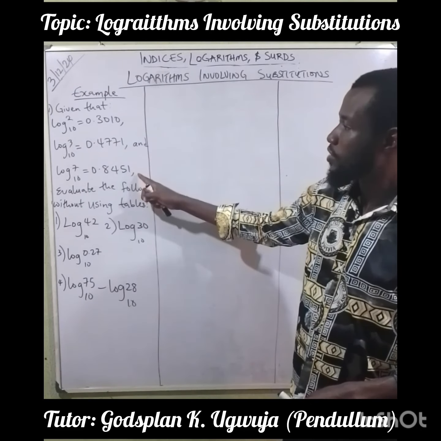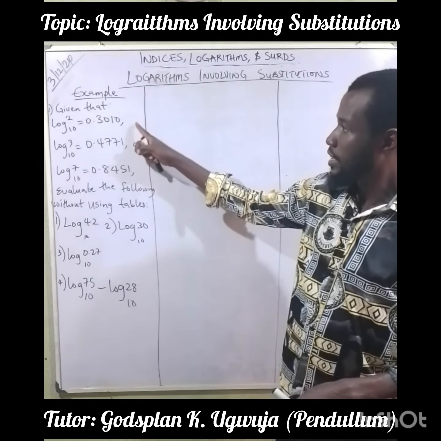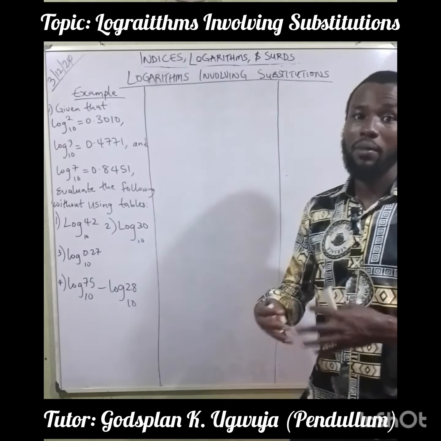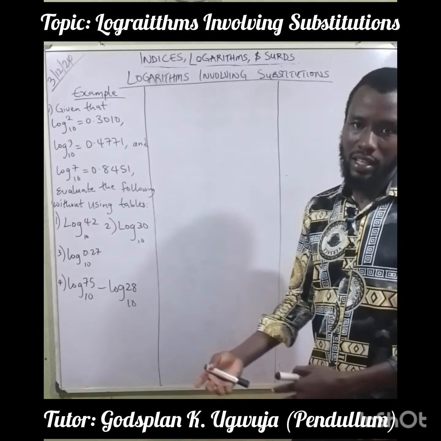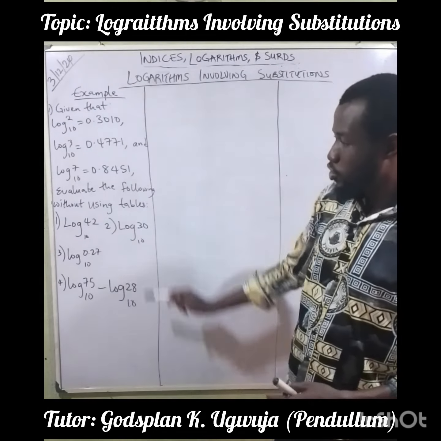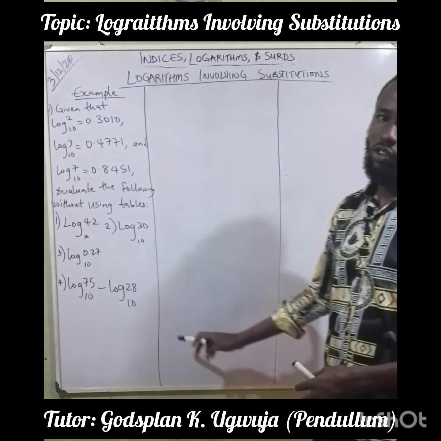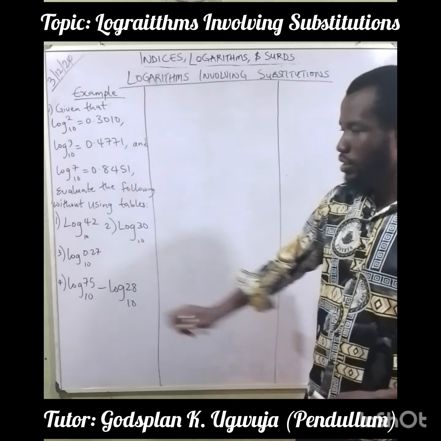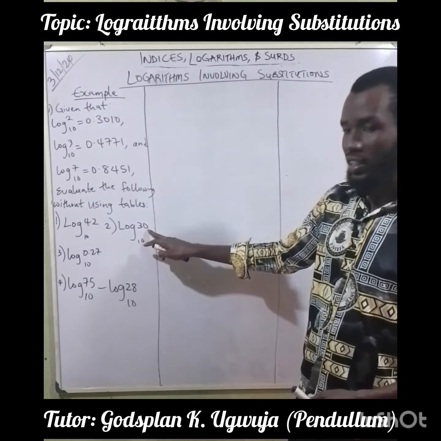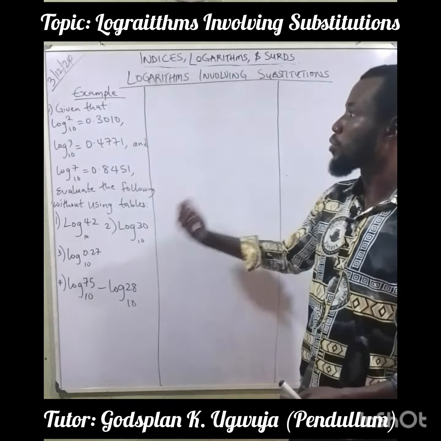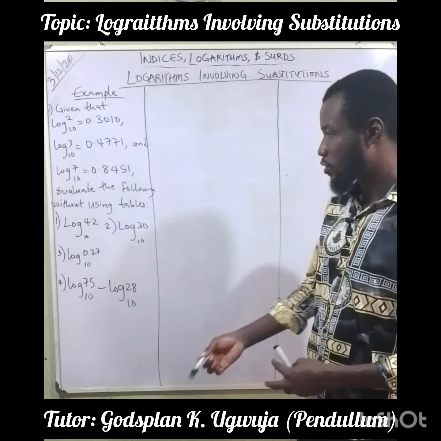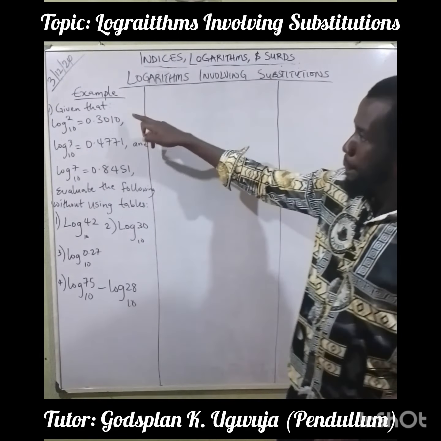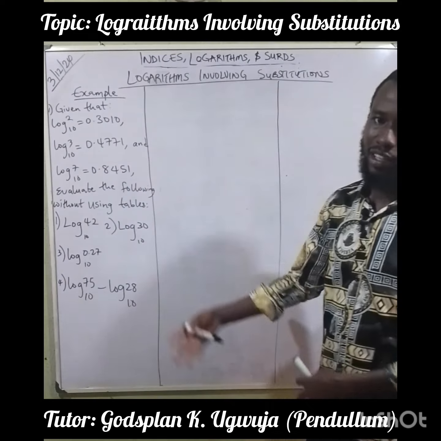These are the only things you are allowed to use here: these logarithms given to you, and probably standard logarithms like log 10 base 10, which is 1. They are the only things you can use to resolve this question. So you must find a way to break down all these things into a product of these logarithms you are given, so that you can now substitute them and put these ones in their place and find your answer.